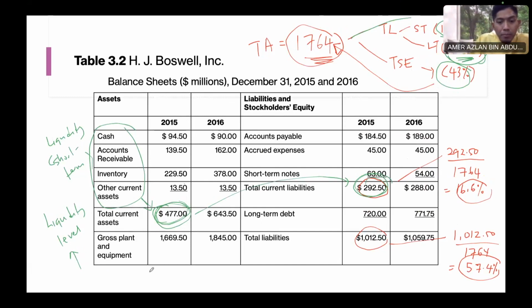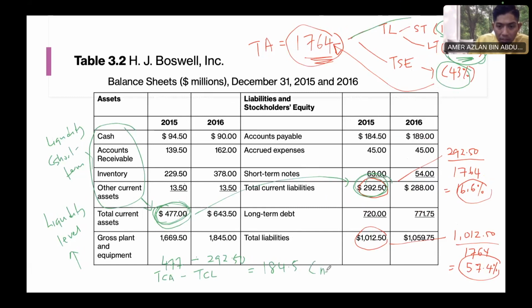If you take total current assets minus total current liabilities, for this case, 477 minus 292.50, you get 184.5 million.